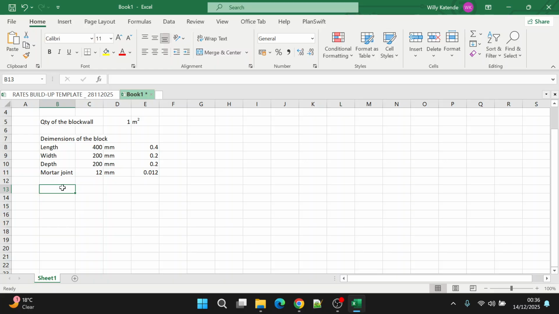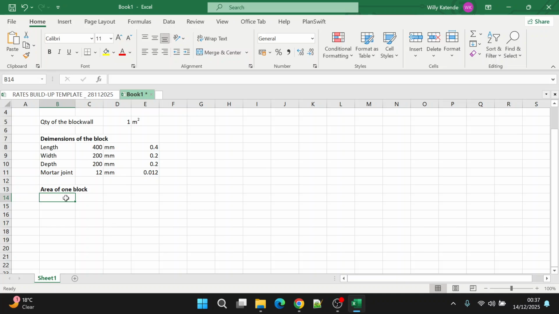So we are going to get now the area of one block. So these are the dimensions of the block and the mortar joint. So now we need to get the area of one block.